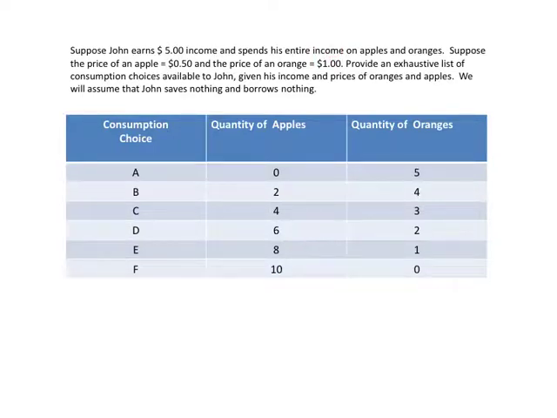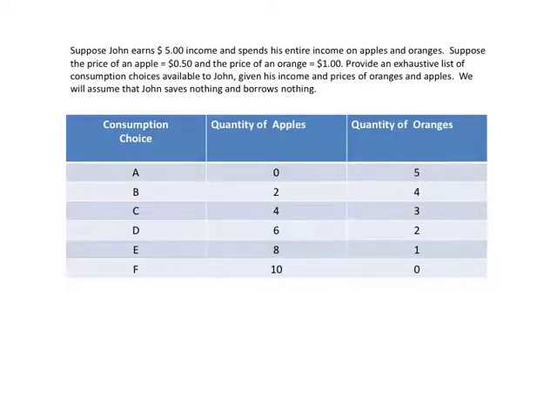So based on this financial information, we can write down consumption choices available to this person. For example, if this person decides to buy no apples, how much money does this person have? His entire income. And since price of an orange is $1, he can buy a maximum of 5 oranges with his income.